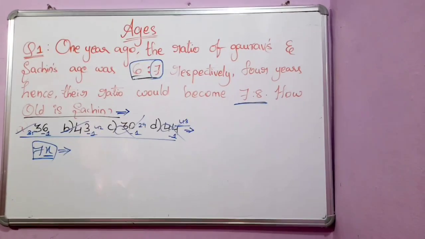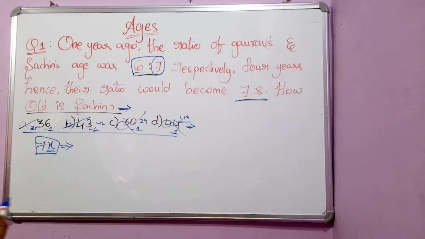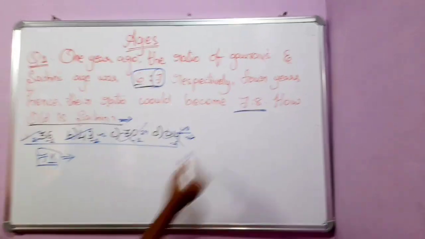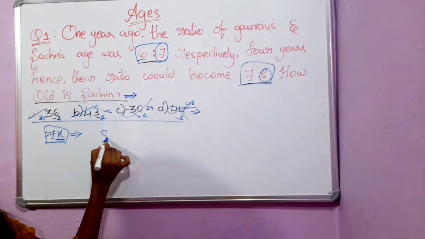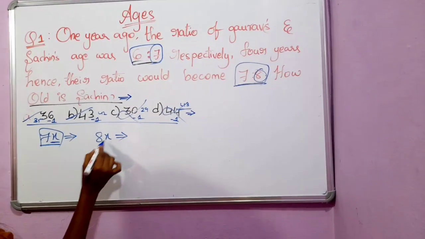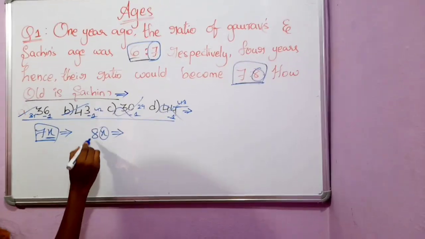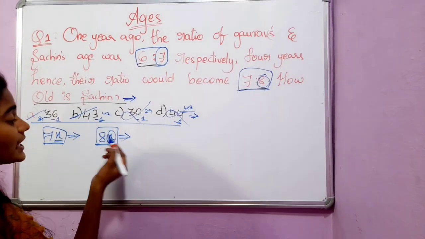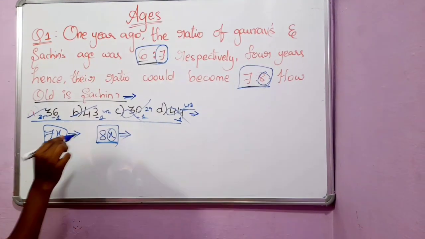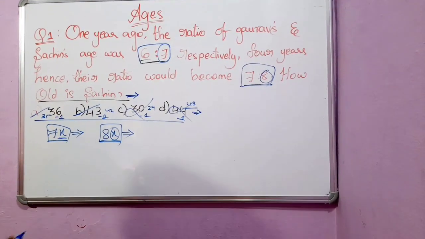Now in the question, they have given extra information about the age of Sachin. In 7:8, Sachin's ratio is 8x. We don't know the value of x, but it is a multiple of 8, and 8 into any number is divisible by 8.